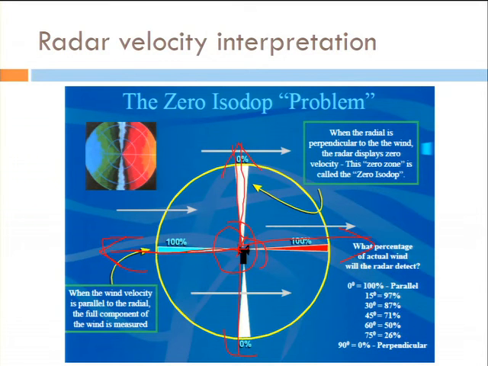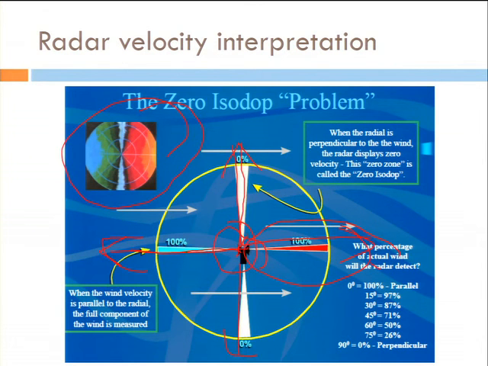Now when we go to this radar beam, those raindrops are actually moving away from the radar. And so what we end up with is an image that looks like this, where in the cool colors, the radar sees the wind blowing towards the radar.